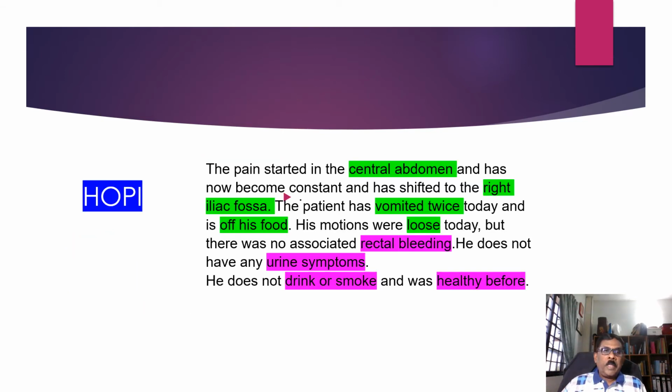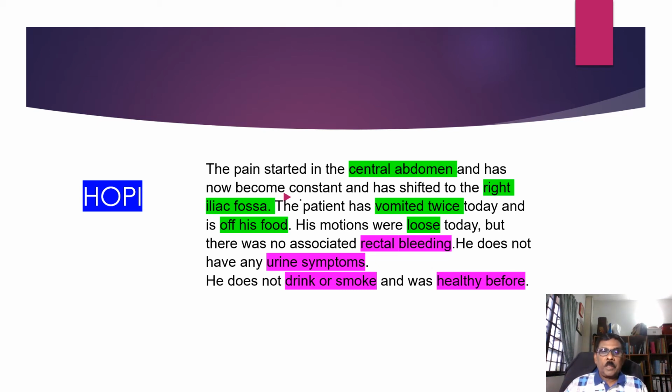Okay, then we go to the history of present illness. Those highlighted in green are the positive symptoms: central abdominal pain, then it shifted to the right iliac fossa, radiation of pain, vomited twice, and he has not been able to take his food.